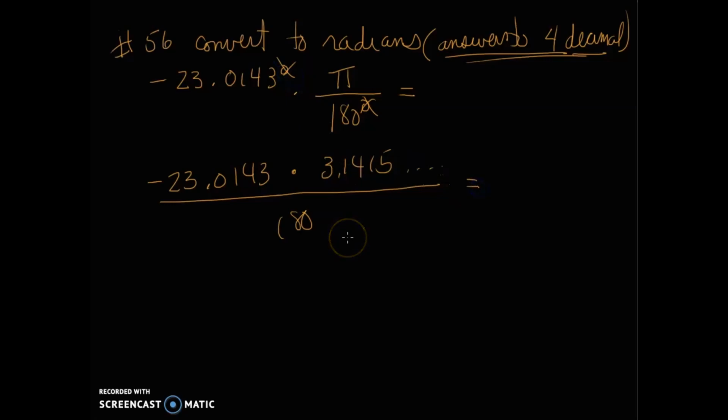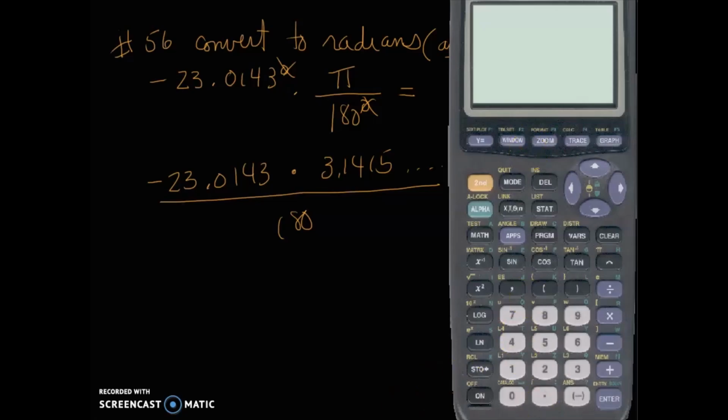And how do we get this to work? Well, we bring up our calculator, turn it on. Let's clear this out. So it's a negative 23.0143 times pi, which is second, this caret or exponentiation, divided by 180.